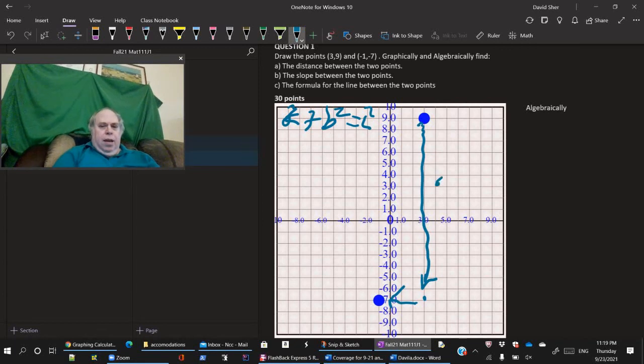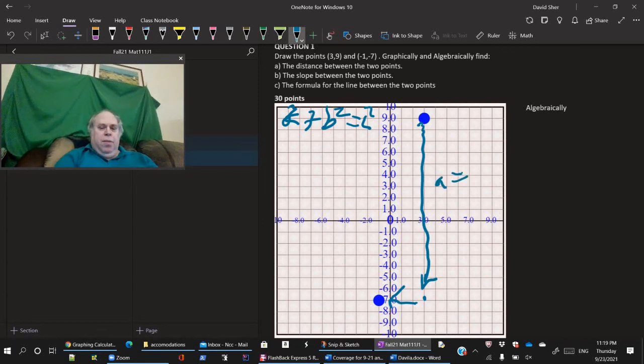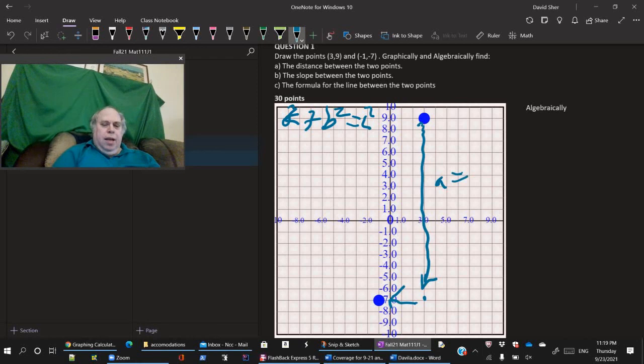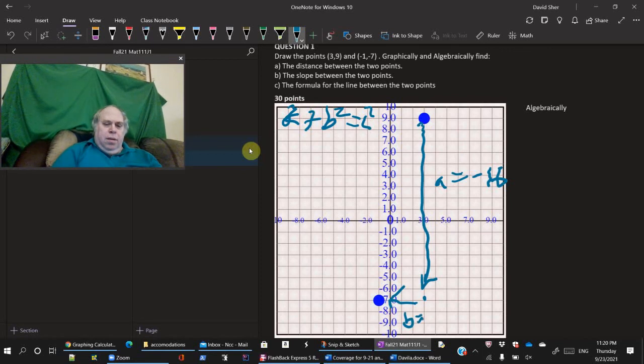So a is going to be, well, from 9, we're going to go down 9, and then another 7. So this is going to be -16. And this guy is b, and he's going to go 1, 2, 3, 4, so b is -4.